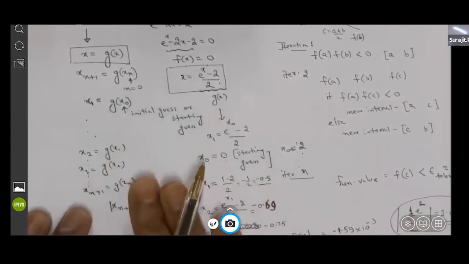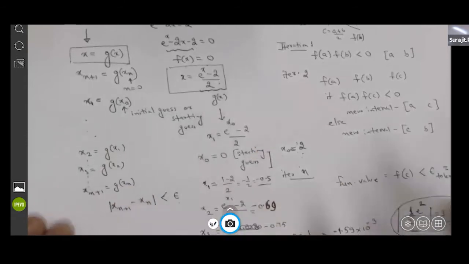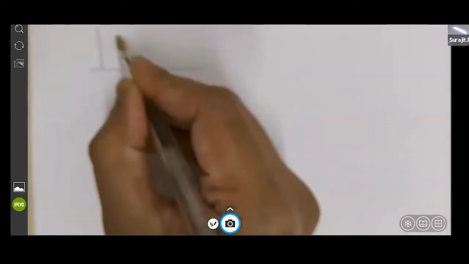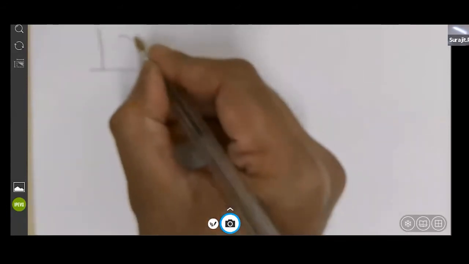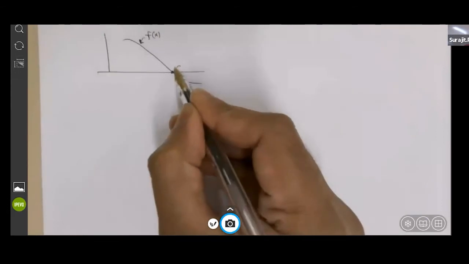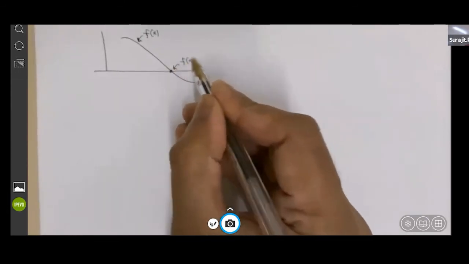So what is this method essentially doing? Let's say you have a function f of x equals 0, and you want to find a root where f of x equals 0.